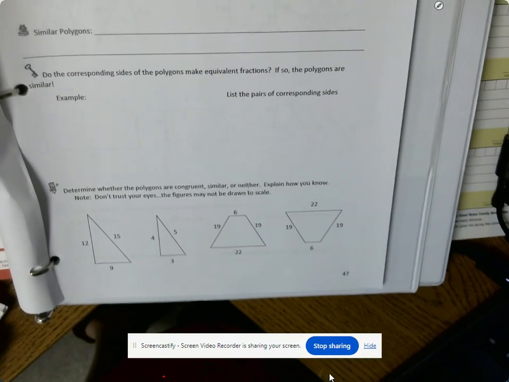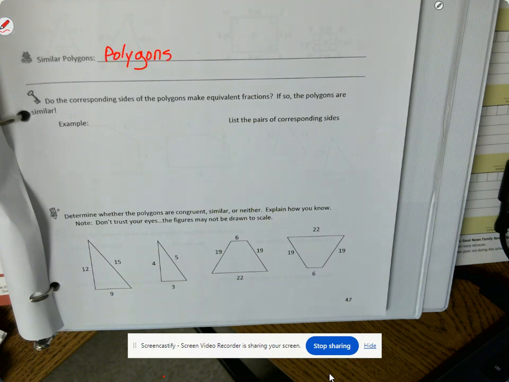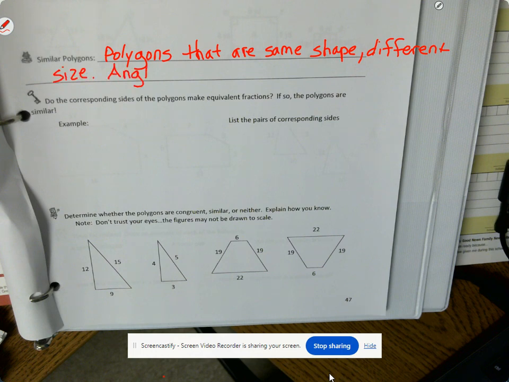Similar polygons. Similar polygons are the polygons that are same shape, different size. Angles are congruent.